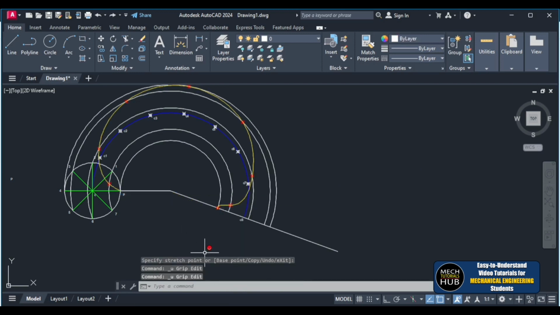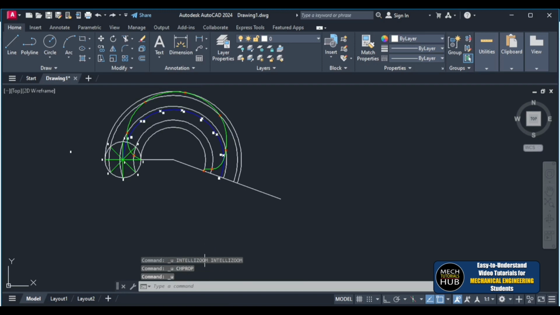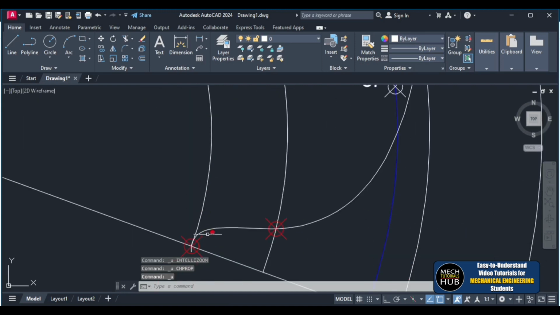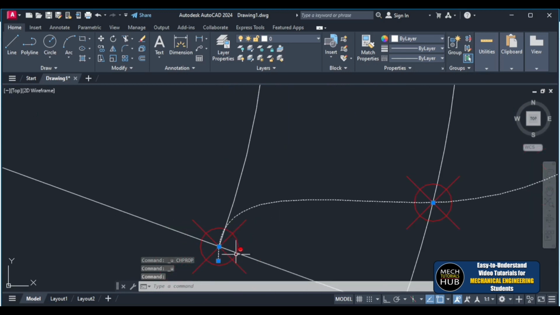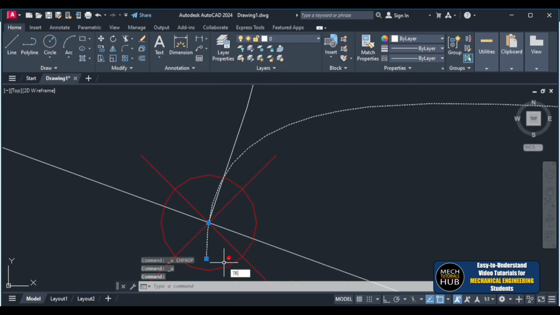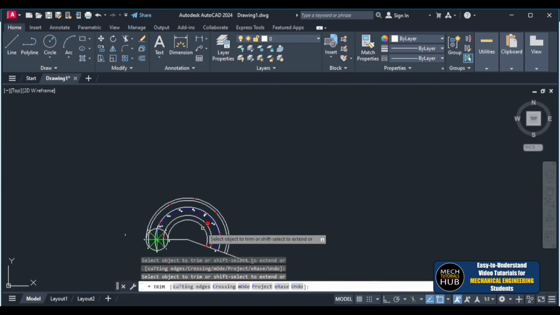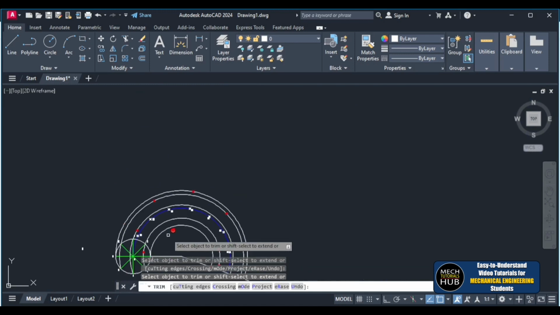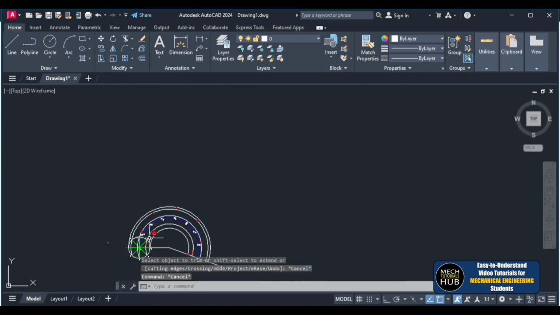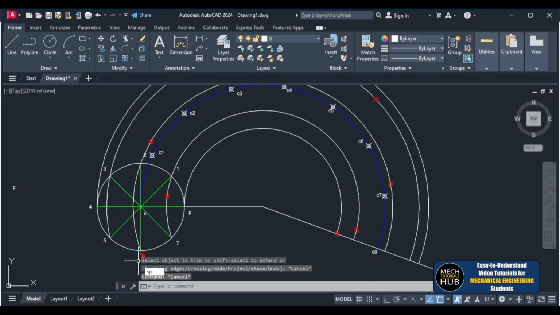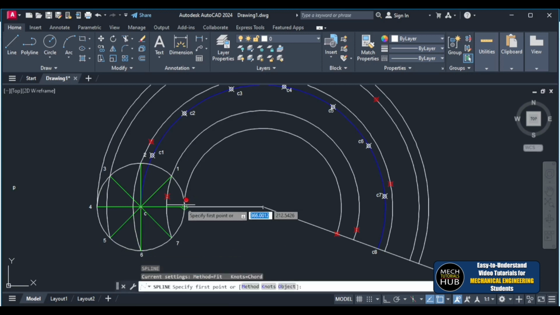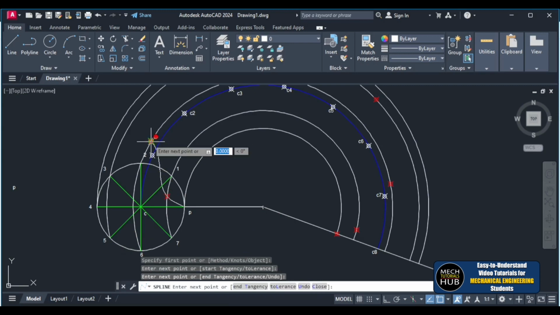Let me redraw this curve. TR, double enter. I'm trying to draw the curve again. SPL is the command, starting at this point 1, 2, 3.